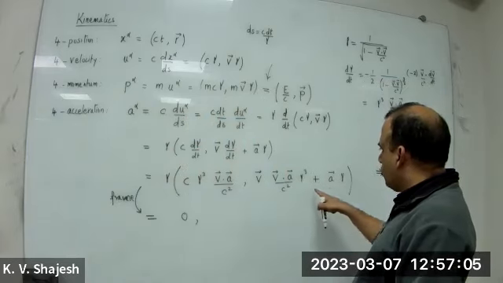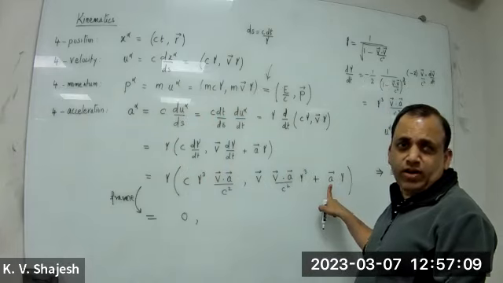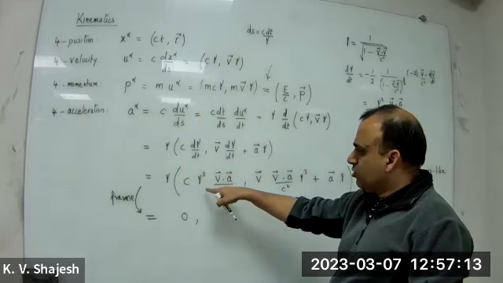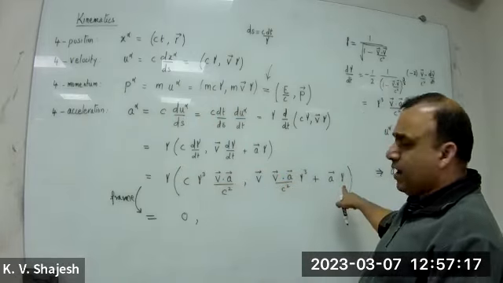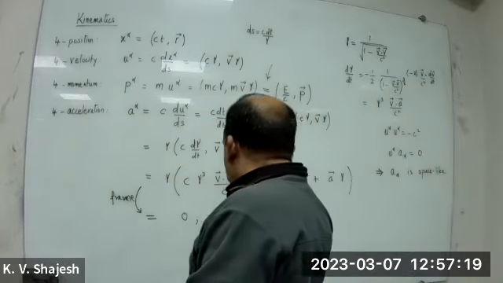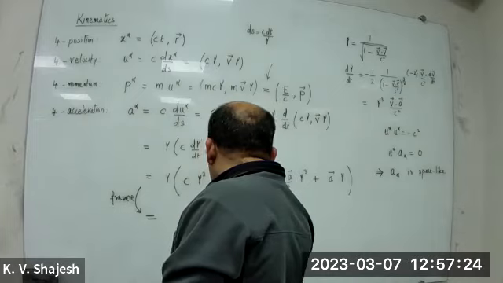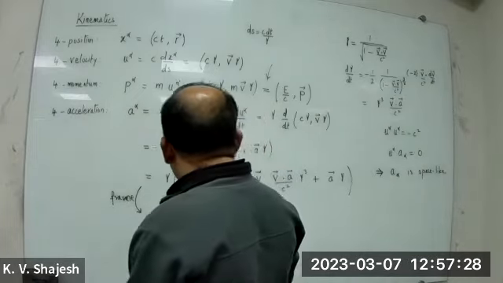Everything goes away here except this acceleration. You're in the rest frame of this particle, so all the v's go away, gamma becomes 1, and you just have acceleration. Since it's a special frame, let's call that A.